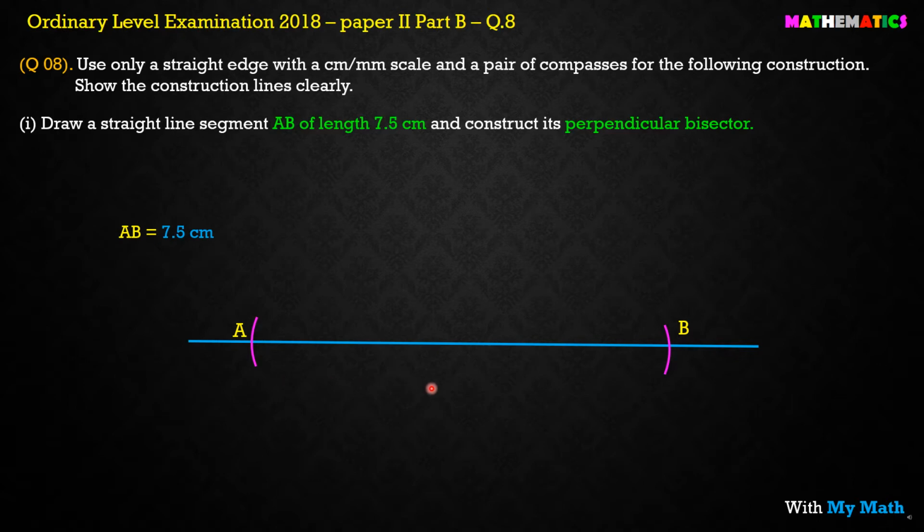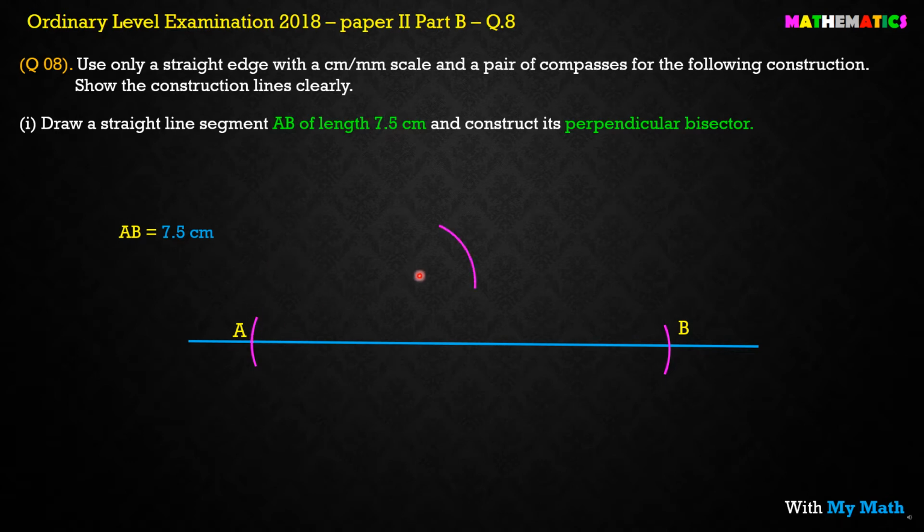So how do you construct the perpendicular bisector? It's so easy. Take your pair of compasses, put it here and take a measurement more than half of your AB, that means more than half of 7.5, not half or lesser than that.